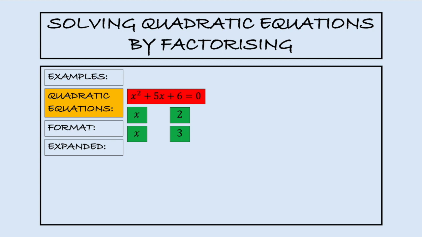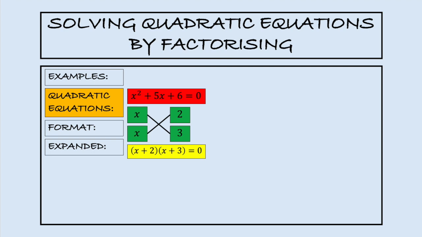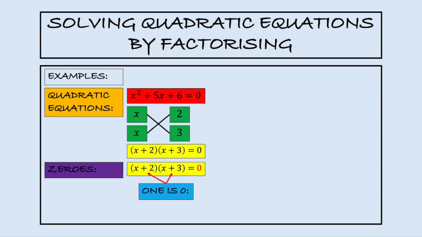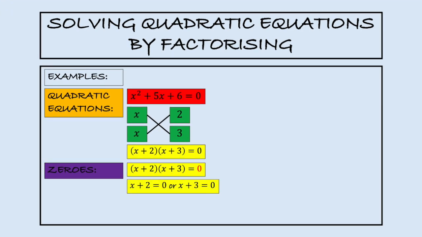This means we can factorize the equation into (x plus 3) multiplied by (x plus 2) equals 0. From basic multiplication, we know that in order for a product to equal 0, one of the factors must be 0. That would mean that either x plus 3 equals 0 or x plus 2 equals 0.